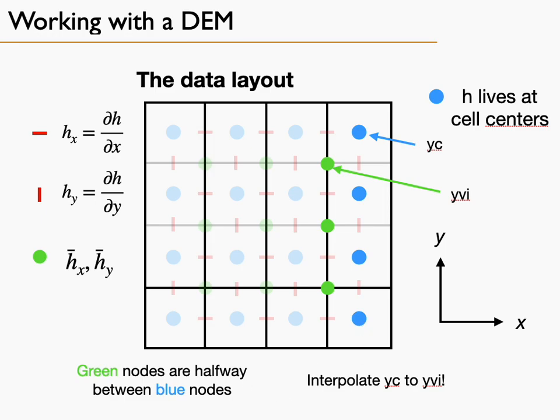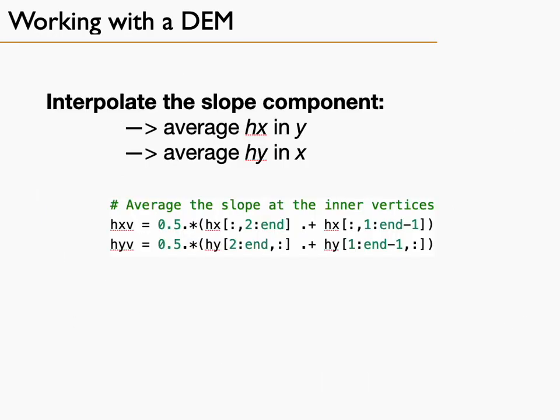So we can average the coordinates and we will obtain the position of the set of green nodes. So that's just to summarize the computation of the average of the slopes. So we do one average in y for hx and one average in x for hy. This will average the slope at the inner vertices, the green dots.